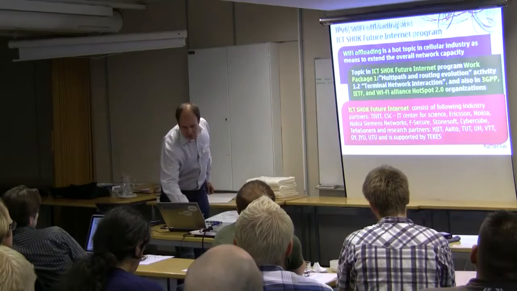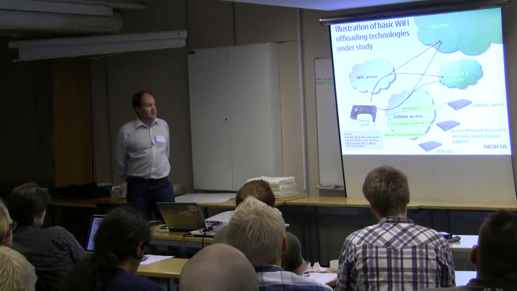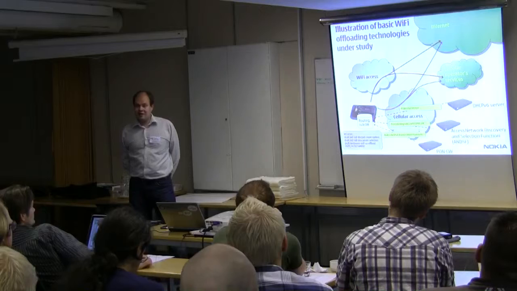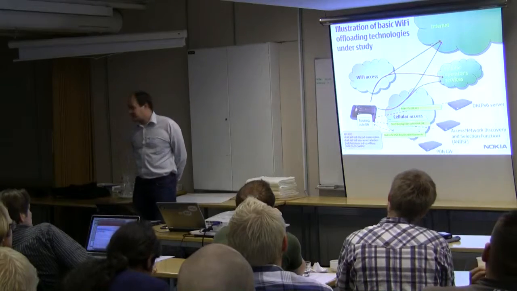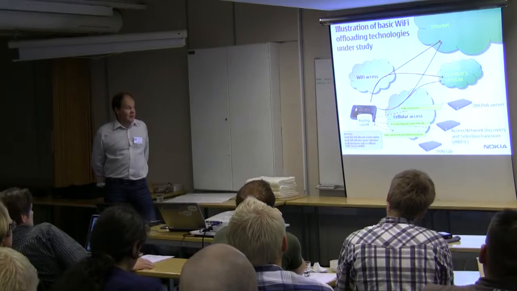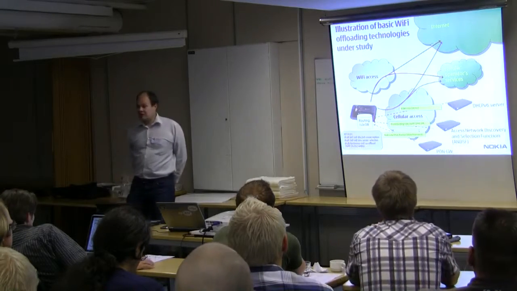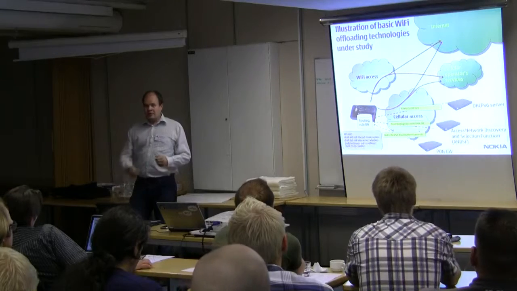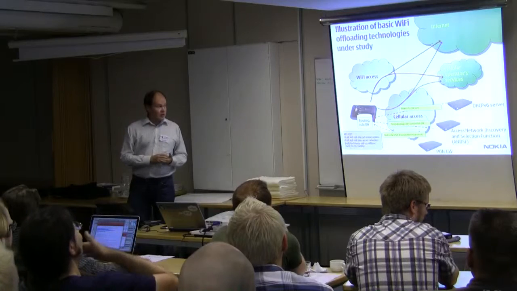And the scenario is illustrated here quickly: you have a device that is connected to both Wi-Fi and cellular, and then it receives rules, guidelines and policies from a network. With the access network discovery and selection function, it may learn that if you are in a certain location, there are Wi-Fi networks you can use.